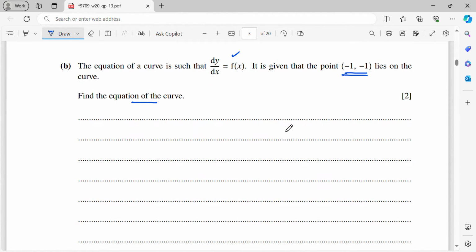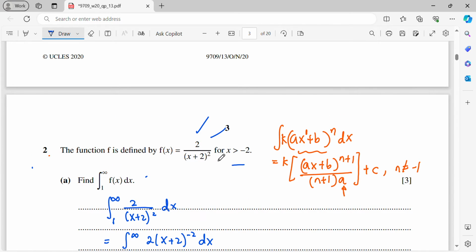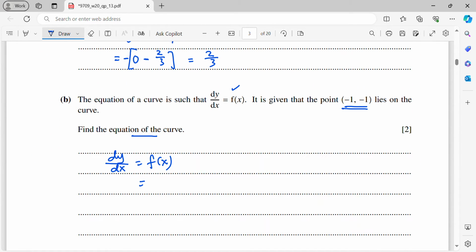So dy/dx equals f(x), which is the same as 2 over (x plus 2) squared. This is your dy/dx.